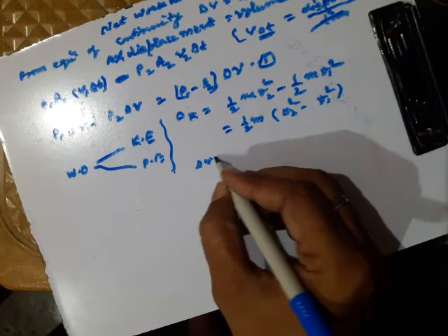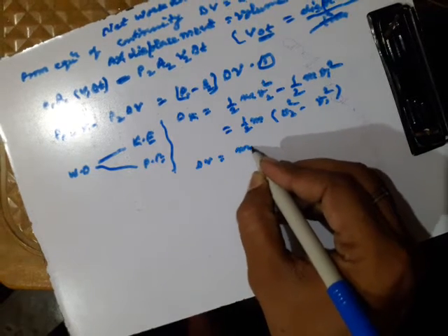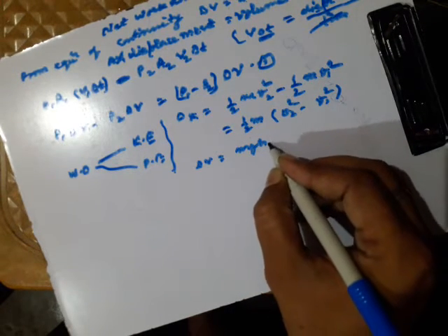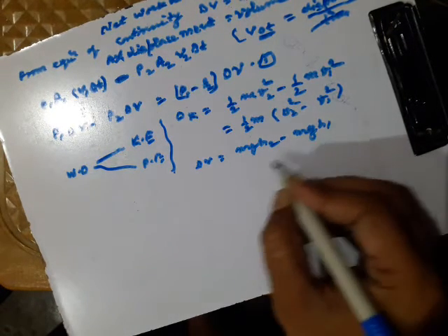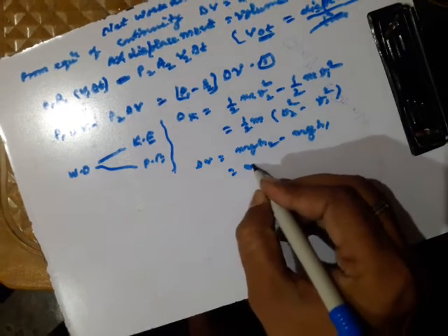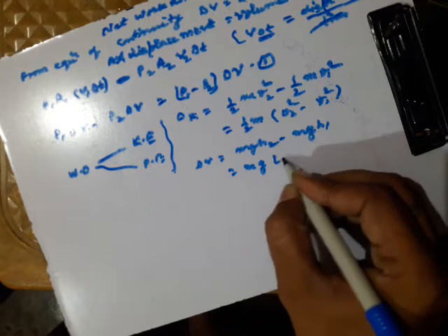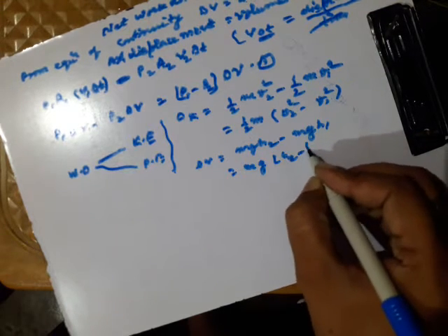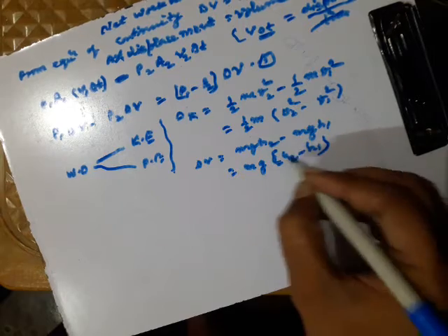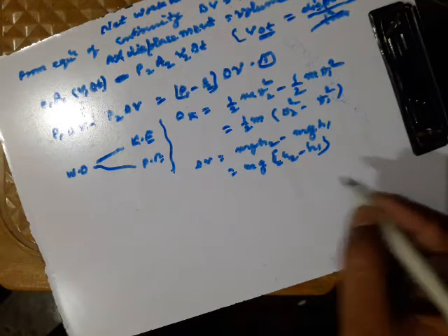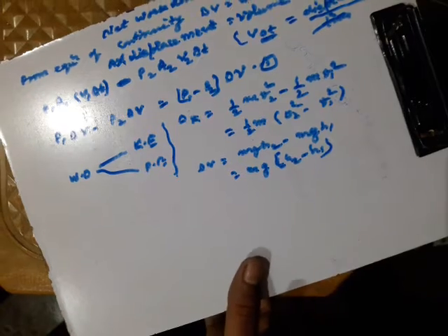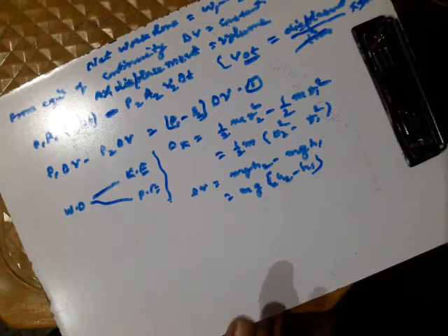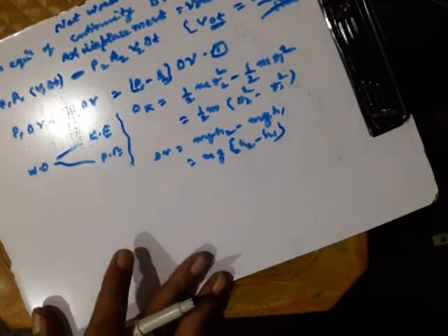Delta U is mg h2 minus mg h1, so mg (h2 minus h1), where mg is common. Try to understand all the terms.